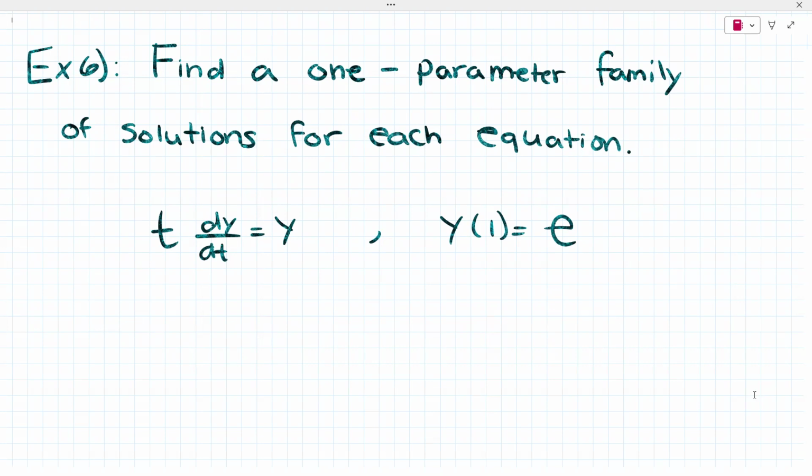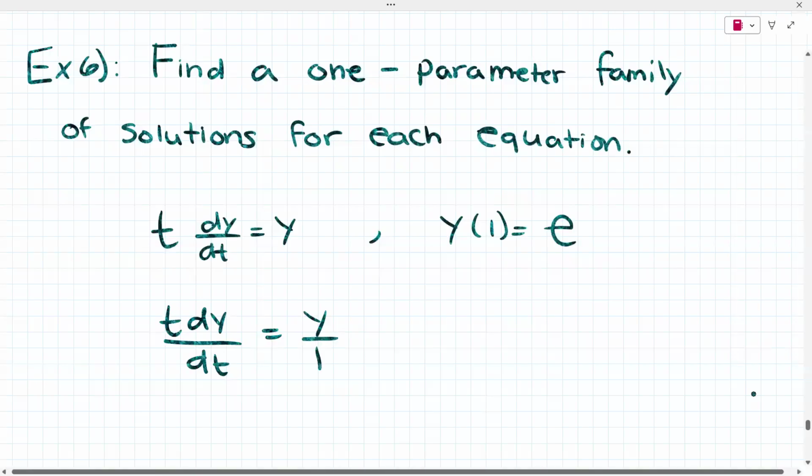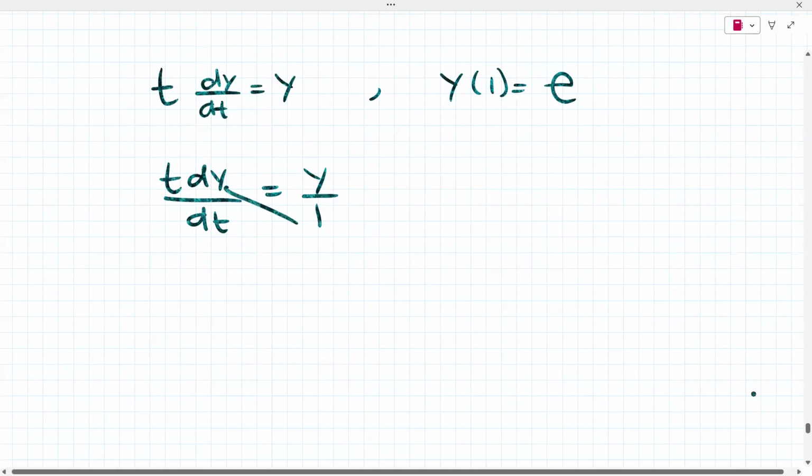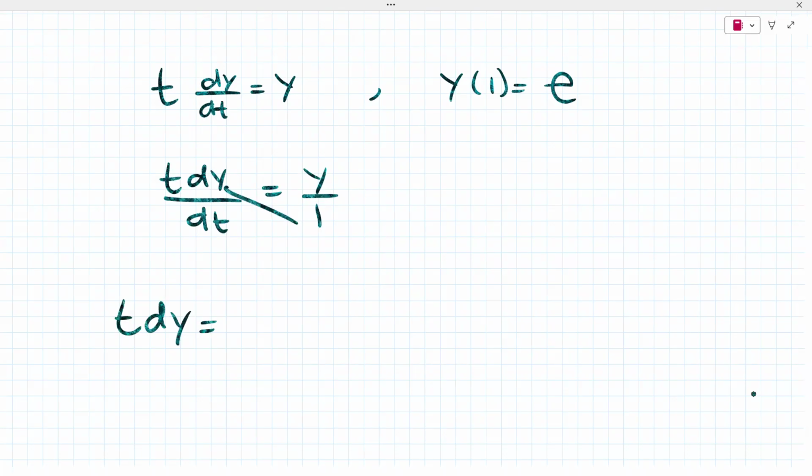Okay, so what would I do first? So you can rewrite this as t dy over dt equals y over 1. So what I would do first is cross multiply. So this would be 1 times that, that's t dy. Over here, this is going to be y dt.